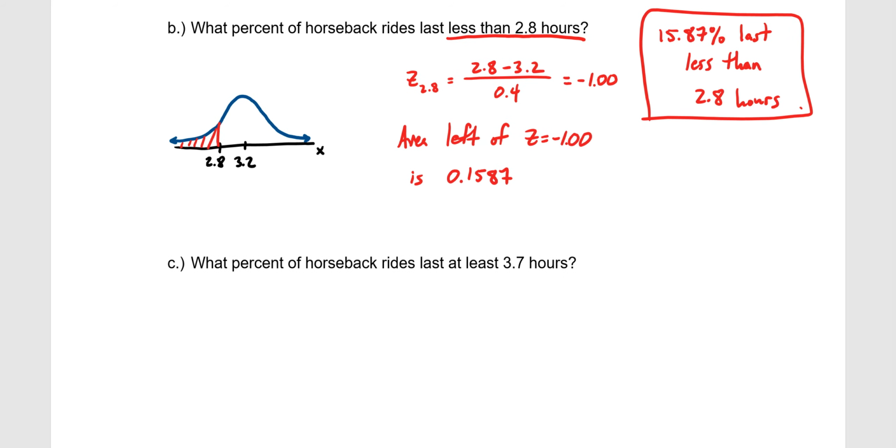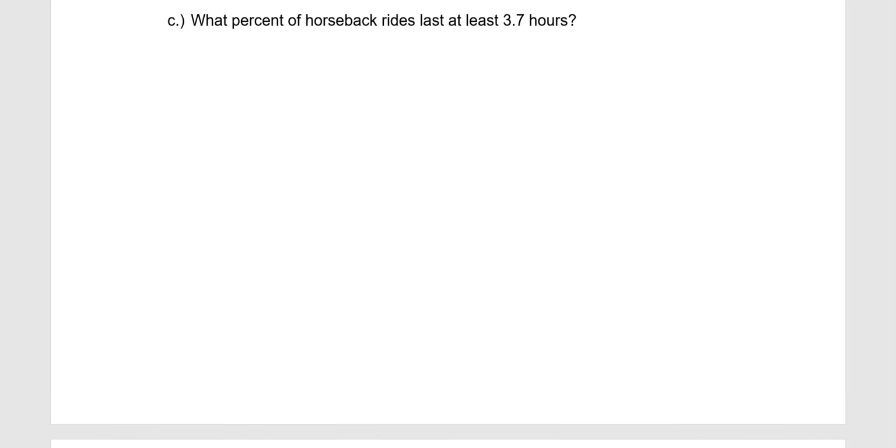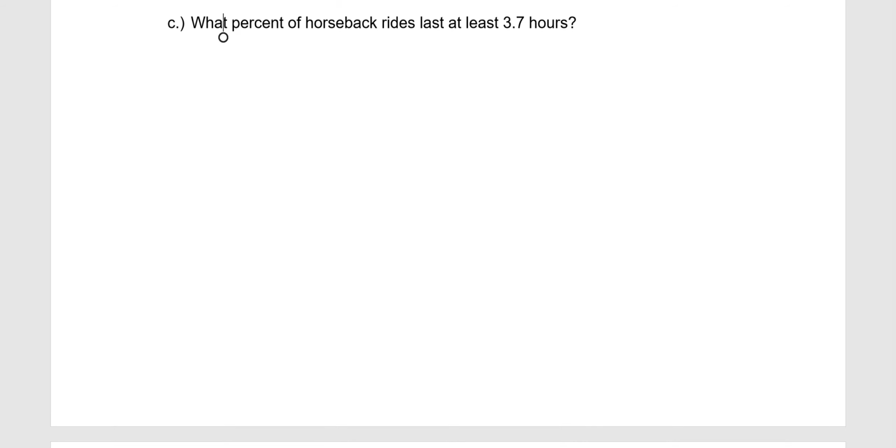Okay, and the next one here, we want to know what percent of horseback rides last at least 3.7 hours. And filling this in, we have the mean is 3.2. 3.7 is going to be to the right. And at least, we have to remember, is greater than. So it's going to be greater than 3.7.